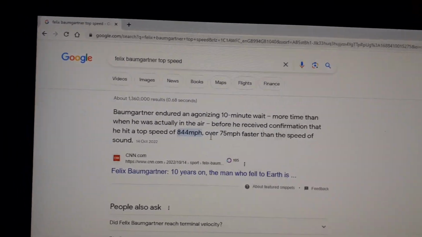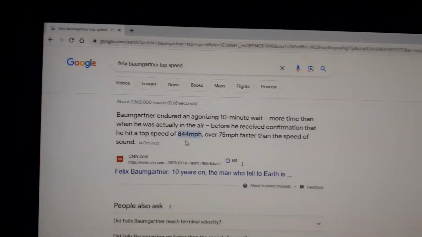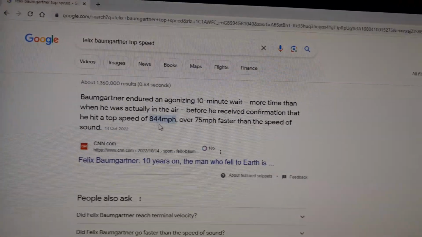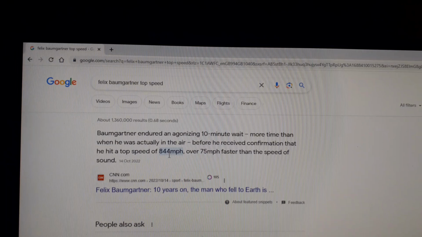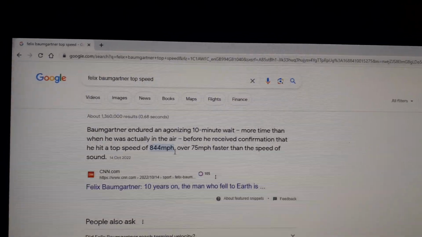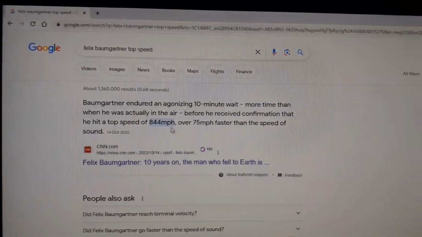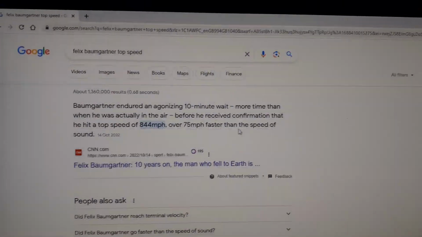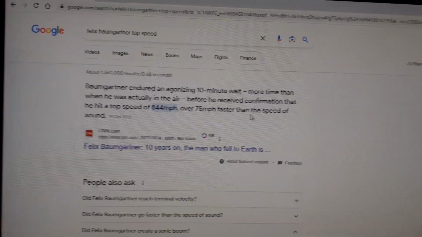So if Felix Baumgartner were to fall that fast, there's another article that says 43.6 miles per hour, but for that speed, then that must be how fast the Earth's rising. So Earth is rising faster than the speed of sound, which means, should you even be able to hear me if that's the case? You know what I mean?